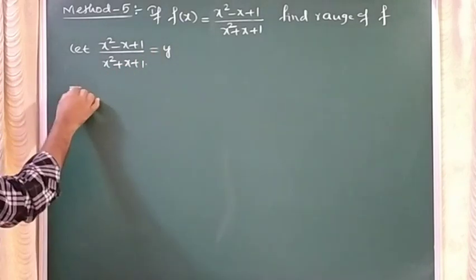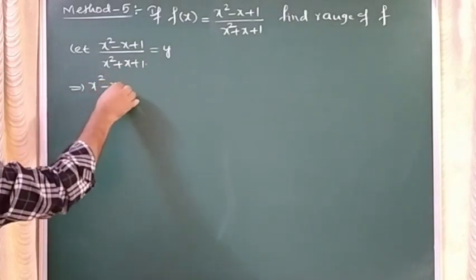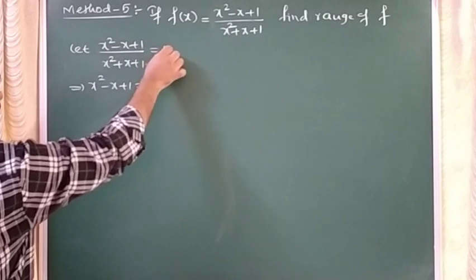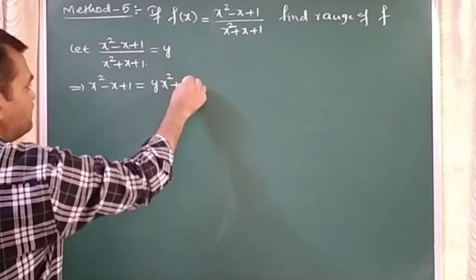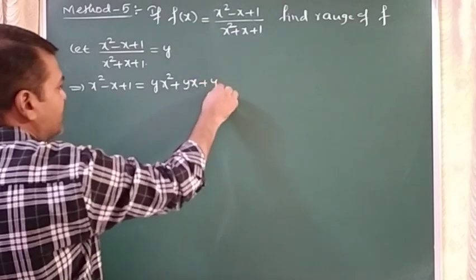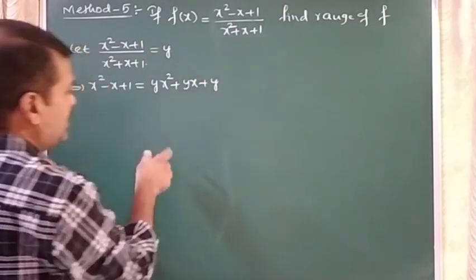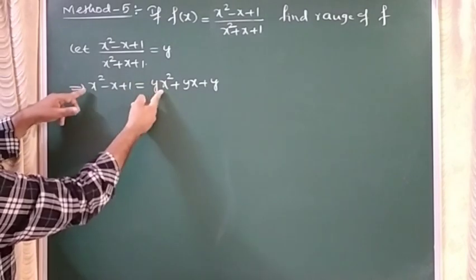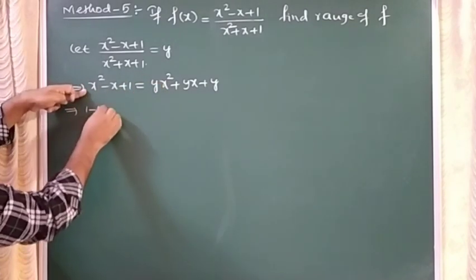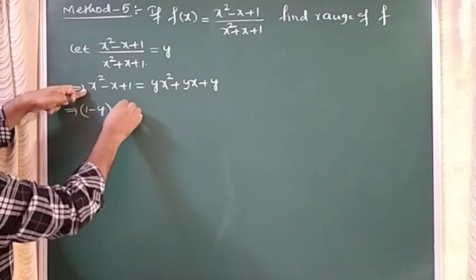Cross multiply now. X square minus x plus 1 is equal to, cross multiplying you will get yx square plus yx plus y. Now shift all terms to one side. So this comes to this side means 1 minus y into x square.